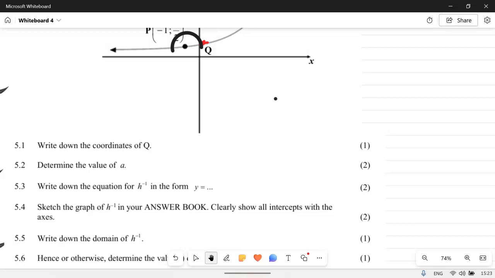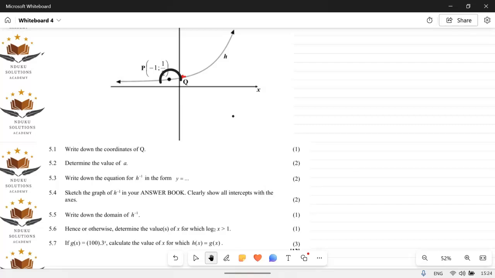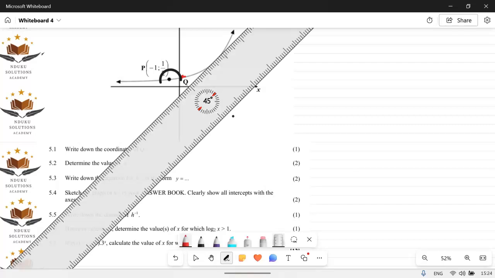If we were to draw a line of the sort in the diagram, it will be something along this line. Let me just find the ruler to put it at 45 degrees.